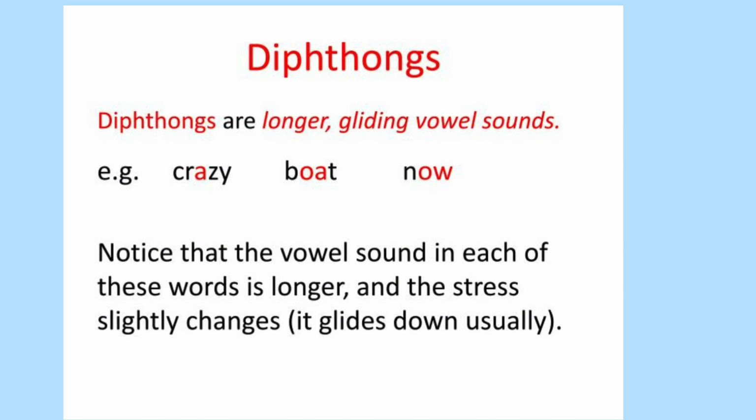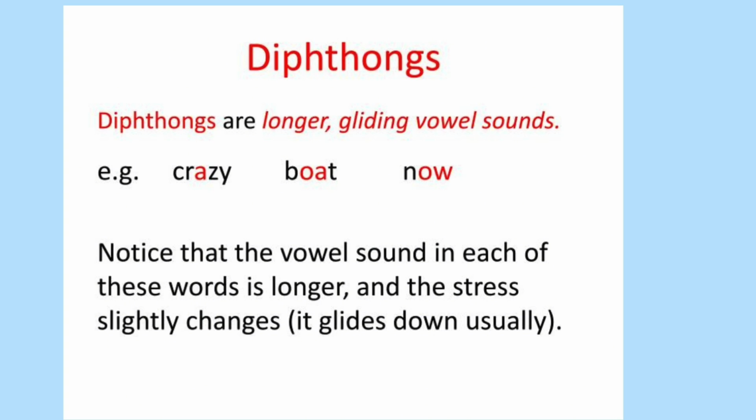Now going to diphthongs. Diphthongs are longer gliding vowel sounds. For example, crazy, boat, now. In crazy, the letter a has the sound ay.